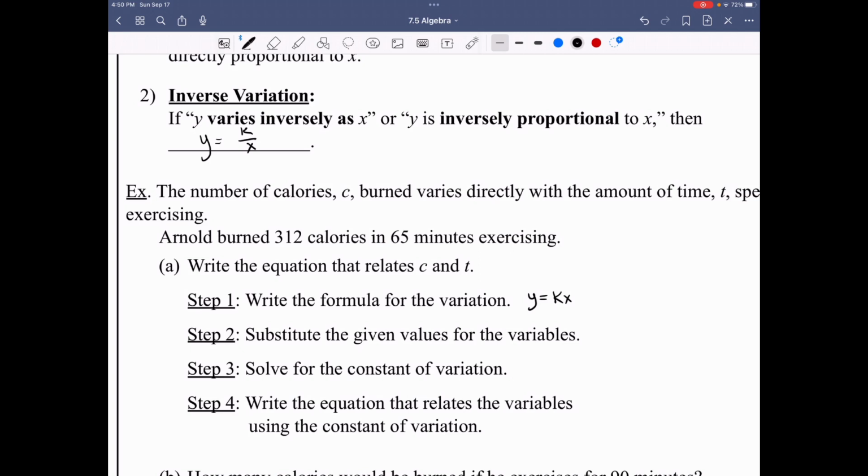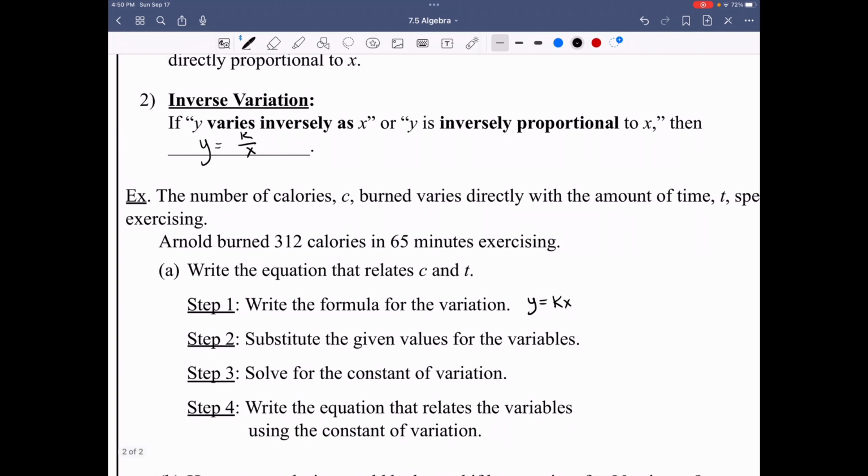Then we'll just substitute the variables C and T. So calories burned is equal to the proportionality constant times the time spent. Then we solve for the constant of variation. The way that we do that is we put in the numbers they gave us. So 312 calories is equal to the proportionality constant times 65 for the time.